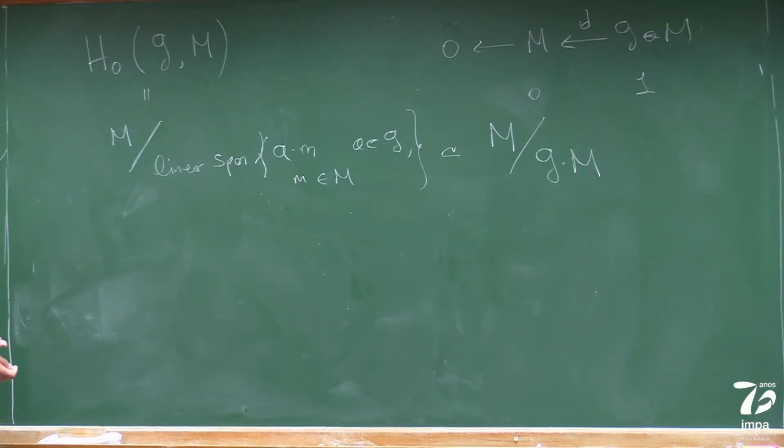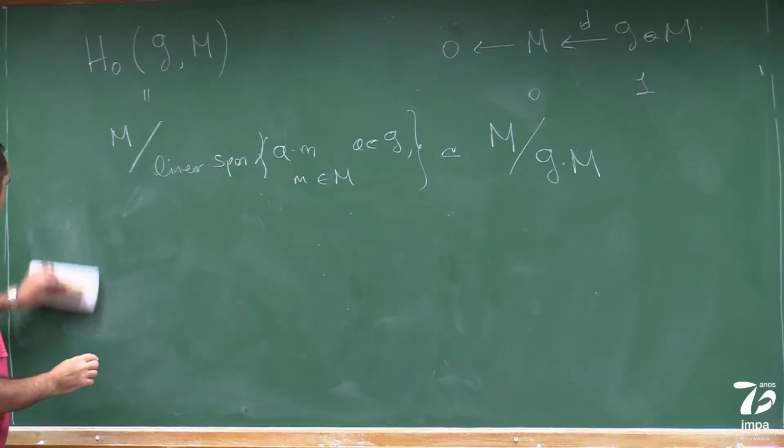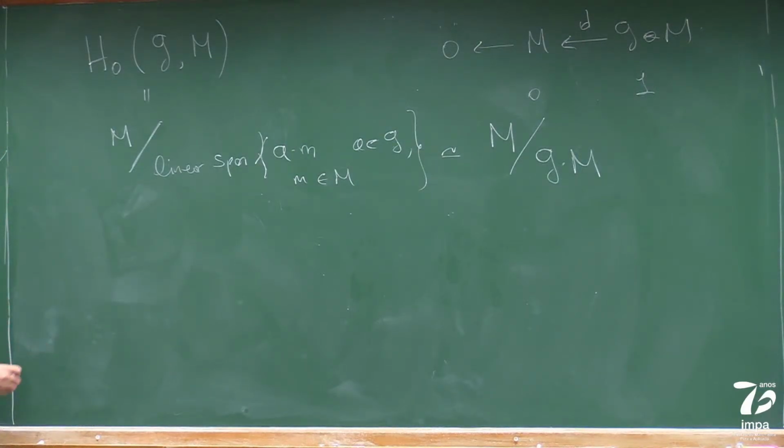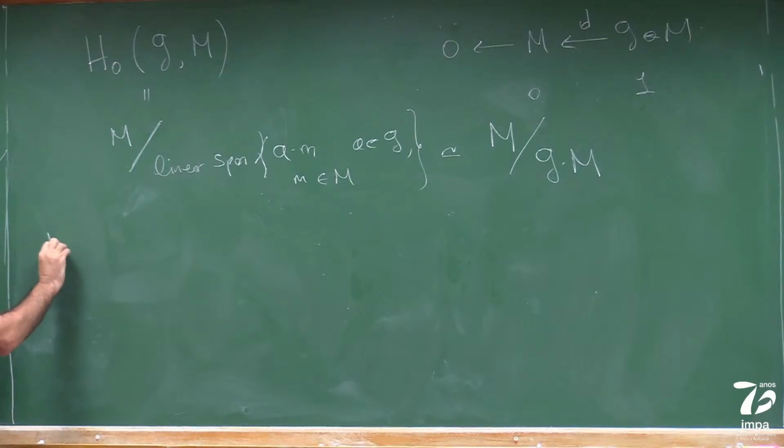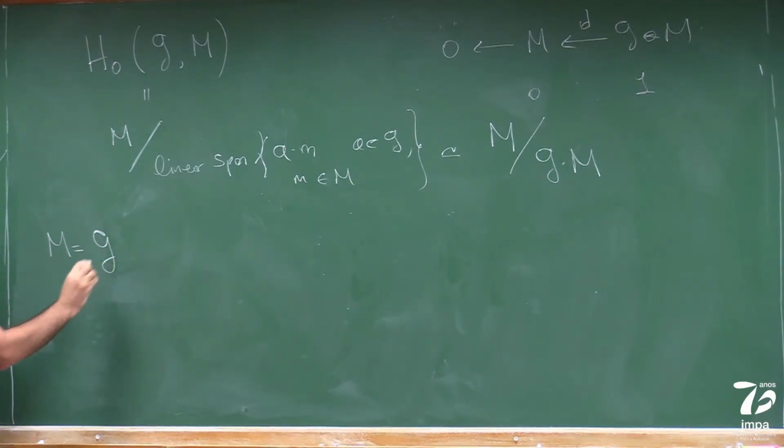So in particular, let me give you an example of non-trivial homologies. An example of a G algebra module is M equal to G itself.